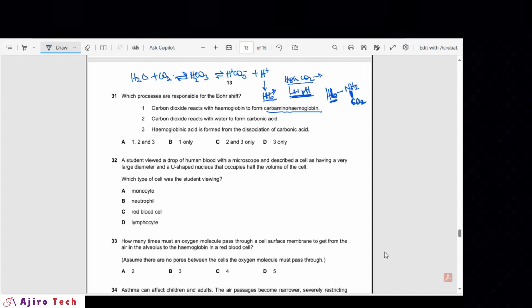Carbon dioxide reacts with water to form carbonic acid. You can see this is leading eventually to the formation of hydrogen ions that make hemoglobin release oxygen. Still part of it. So Bohr shift is saying that high concentration of CO2 and low pH reduce the affinity of hemoglobin for oxygen.